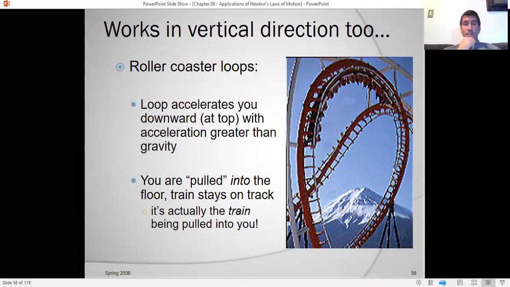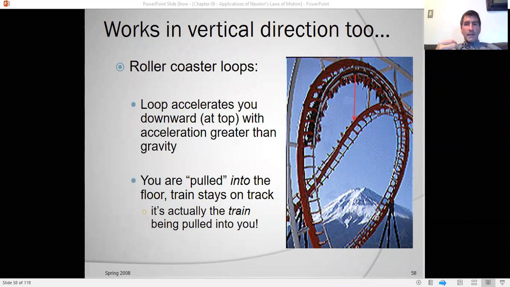Roller coaster loops. Loops accelerate you downward with an acceleration greater than gravity, so you actually feel weightless. Here's how this works, and this is a little bit subtle. Gravity wants to pull you down. Gravity's always pulling down, it's always there.